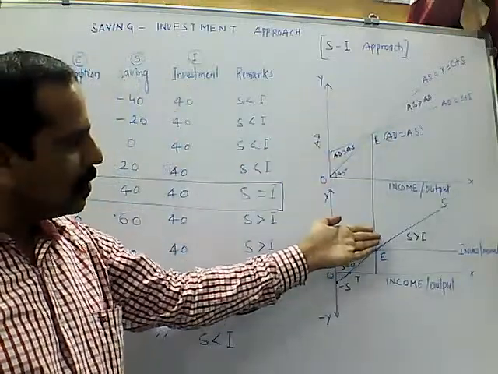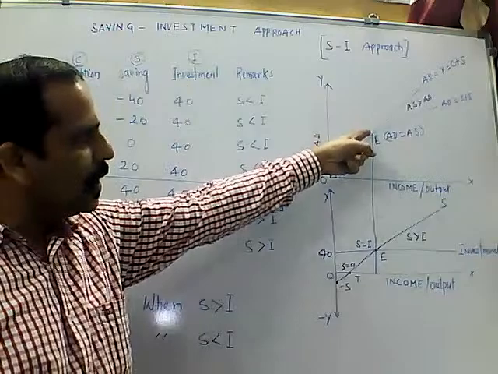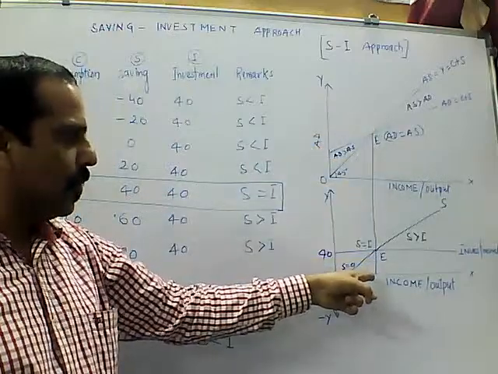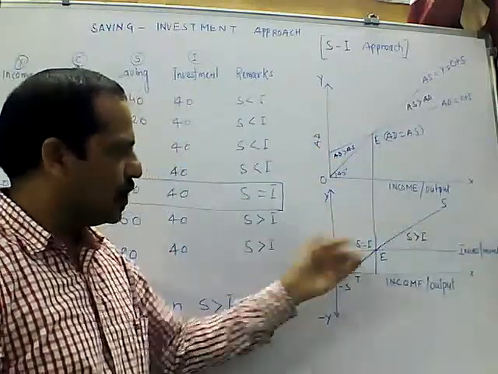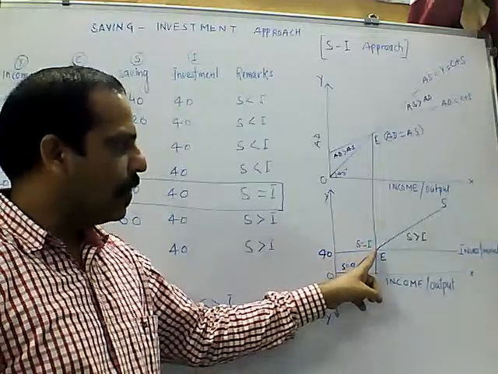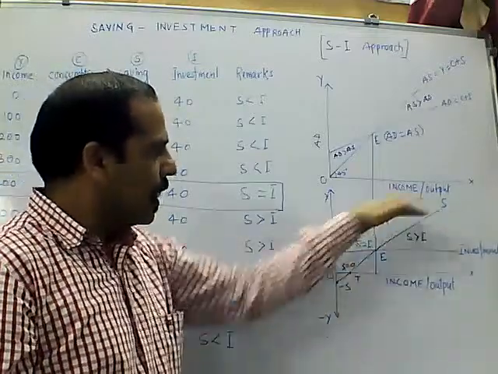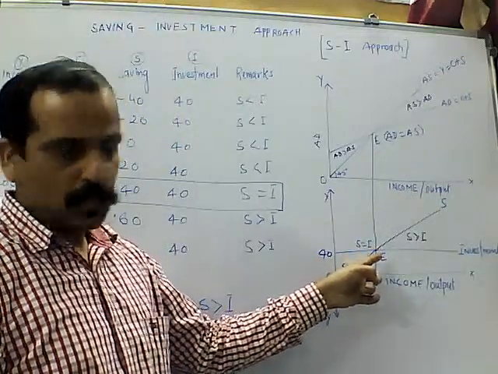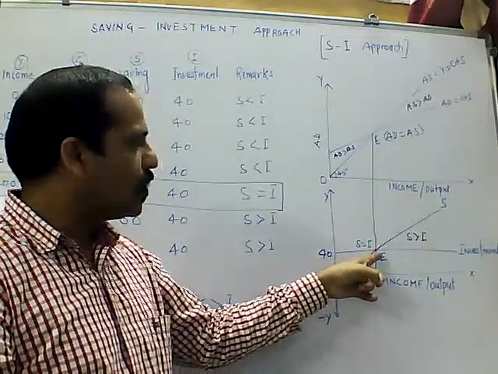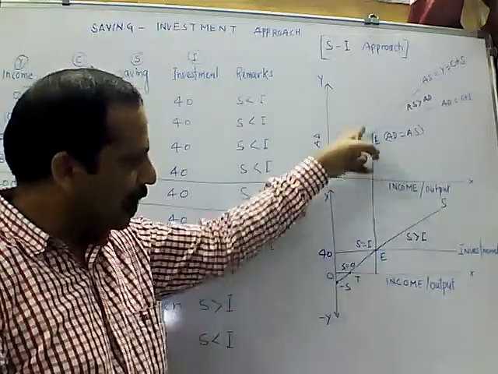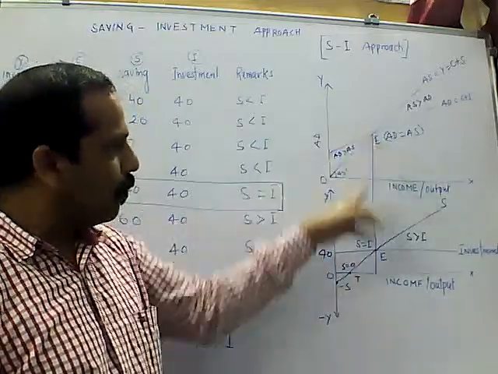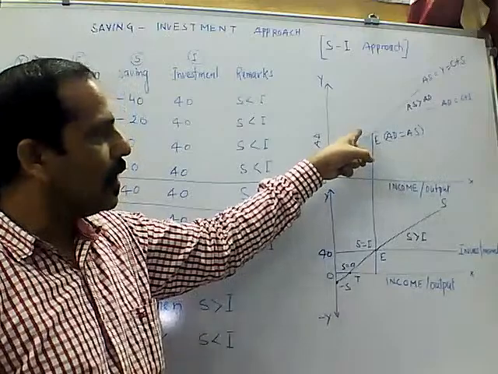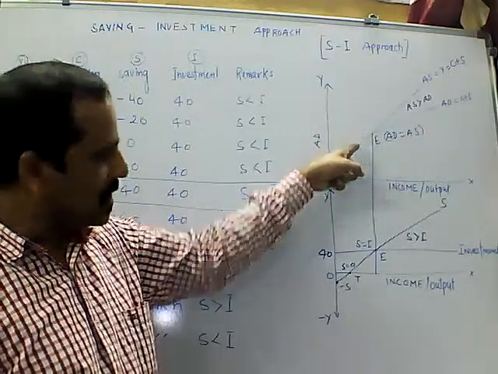When you talk about approach number 2, perpendicular to point E on the second part of the diagram, see here where we have the saving function and investment function. Both the curves intersect each other at point E, which is exactly below the point E where AD is equal to AS.